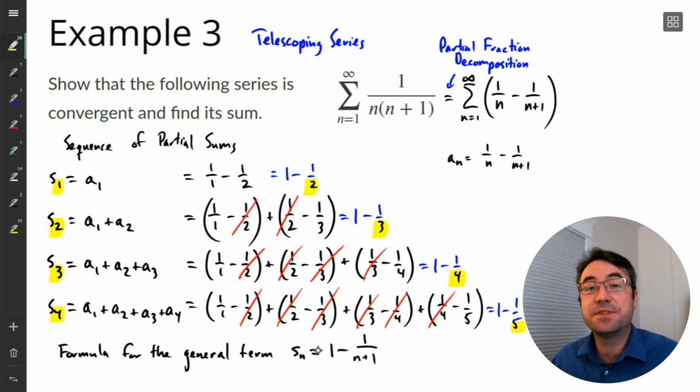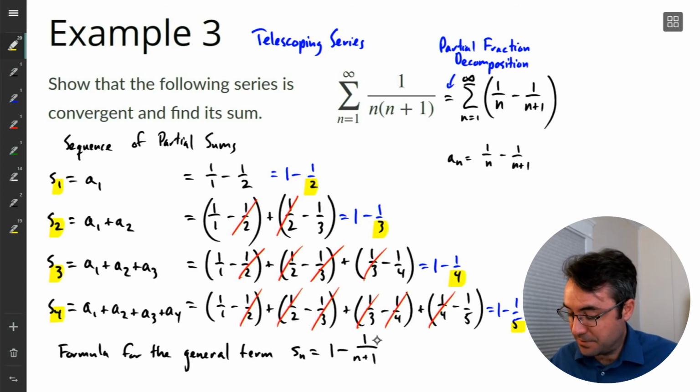In almost all of the series we're going to look at, except for this one and maybe a couple others we might take a look at, we're not able to do this. So being able to find these general terms of our sequence of partial sums is usually very difficult. So why this one is so special is because we're actually able to do it.